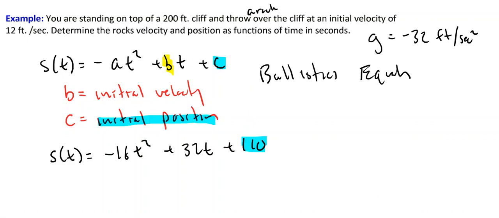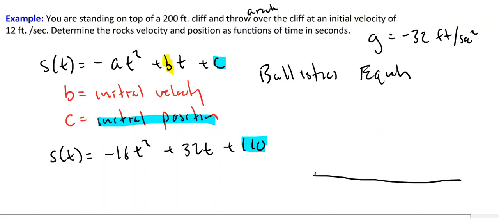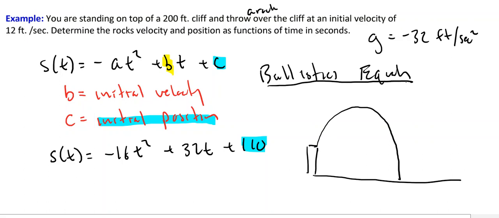Now, what exactly does that mean? Well, let's just say here's the ground. Something is 110 feet above the ground, and it's throwing something up into the air, and it's forming a parabola. Remember, the ballistics equation models anything that is moving through the air under its own force, like an arrow being shot through the air or a rock being thrown through the air.